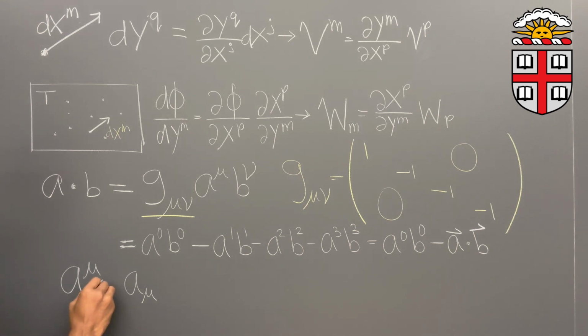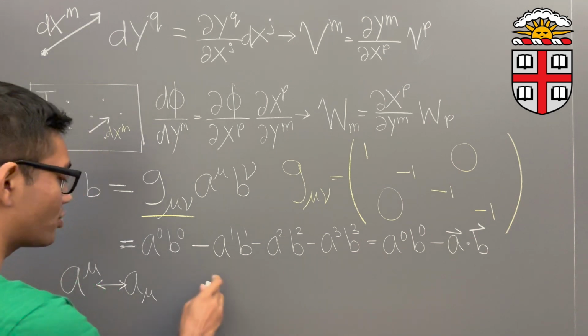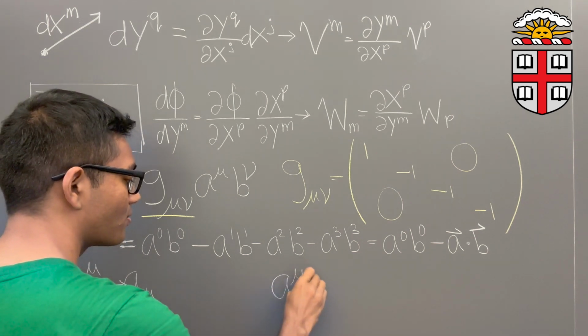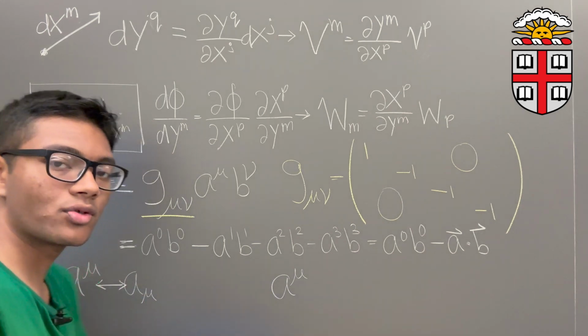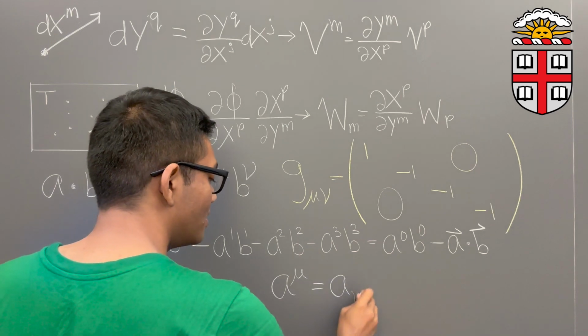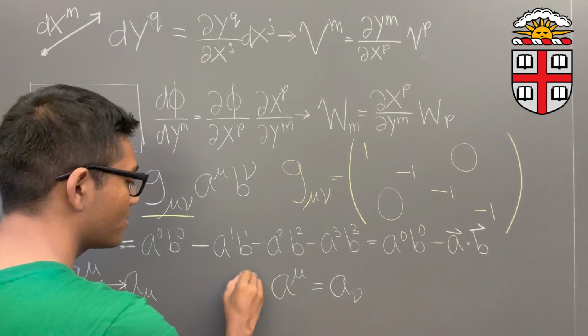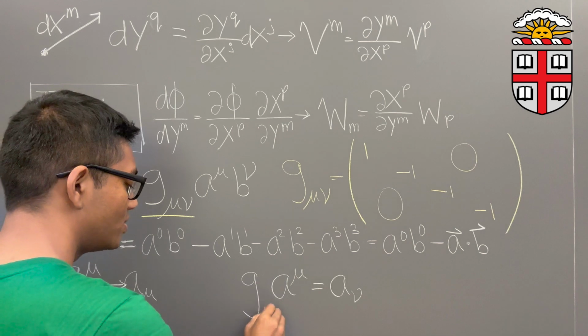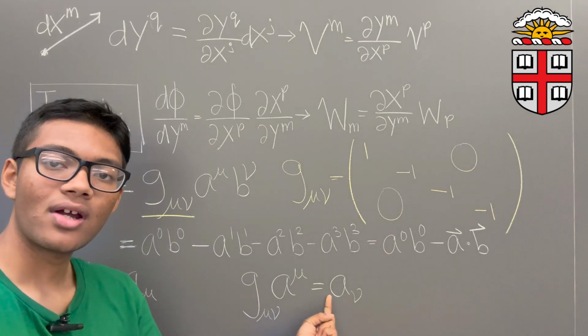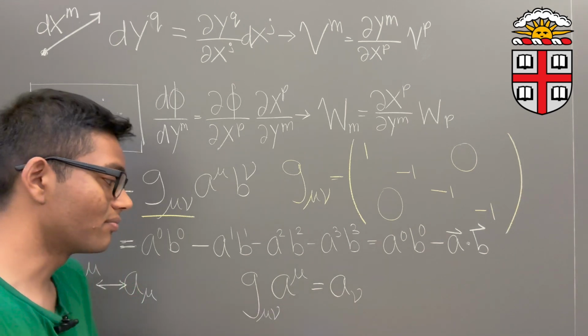How do you go back and forth between these two? Well, you have to use the metric. If I want to take a to the mu and convert it into a covariant form, a sub nu, then I multiply by the metric g mu nu. Multiplying g mu nu by this contravariant vector returns this covariant vector component.